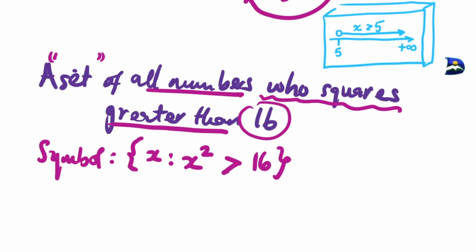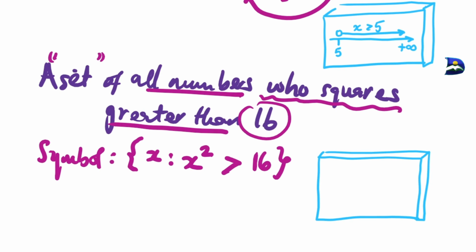So this is a great example of how to address a word problem and transform it into symbols representing sets. In this case we have a container, and inside the container, instead of writing all the numbers for x whose square gives a result greater than 16, we just draw a straight line.